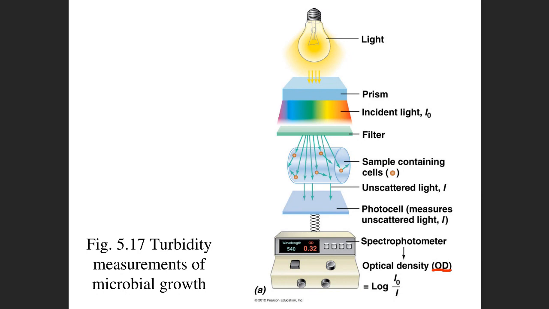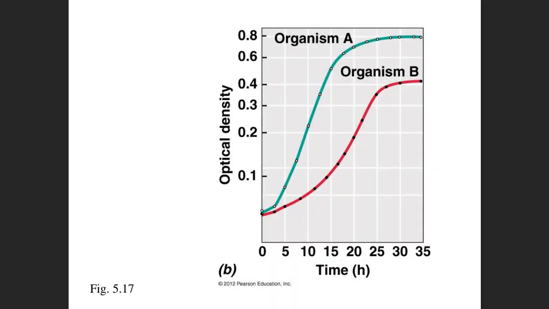And so for bacterial cells, we typically use the 600 nanometer wavelength. If you were to use optical density, then you can see one bacterium A and B, and you can see that A is growing faster and B is growing slower. The advantage of optical density is that while it's not precise, it's fast.